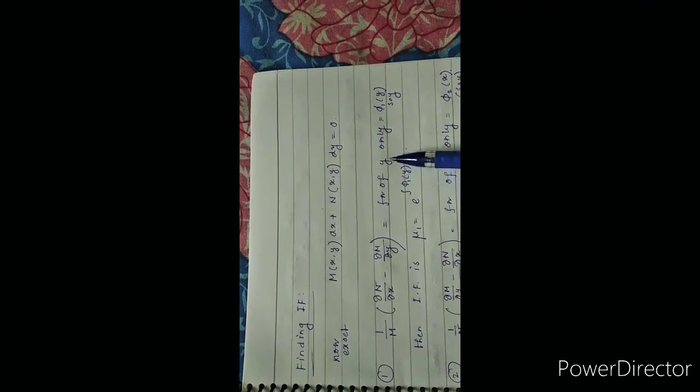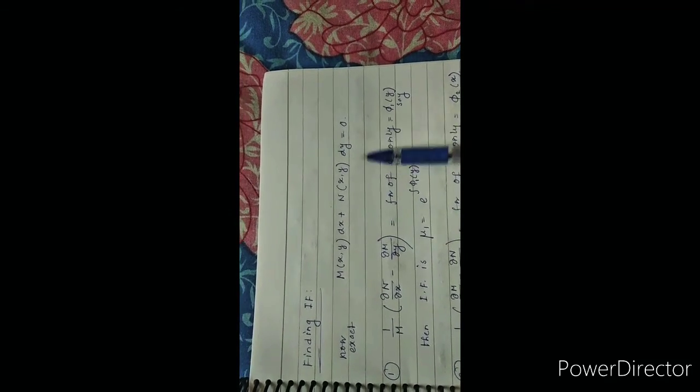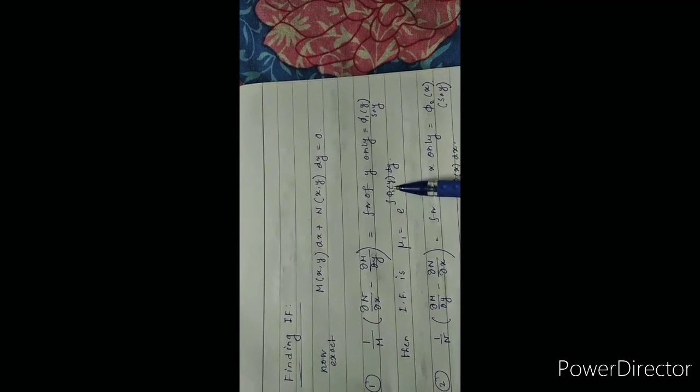If you simplify this and get a function of y only, with no x involved, you can call this φ1(y). If this happens, then the integrating factor of this equation is μ1 = e^(∫φ1(y) dy).